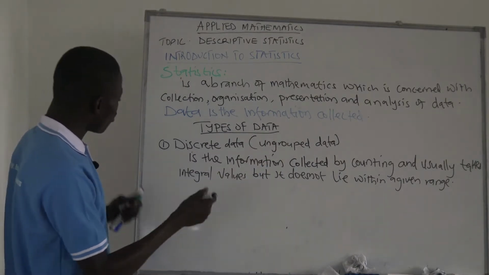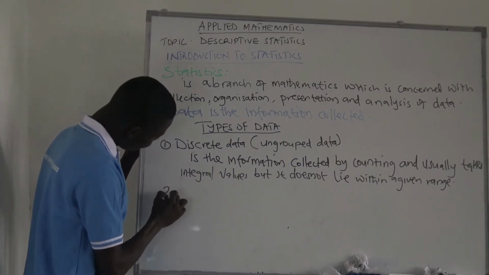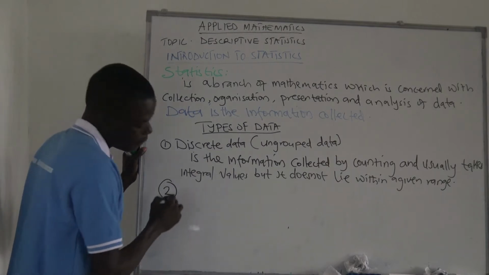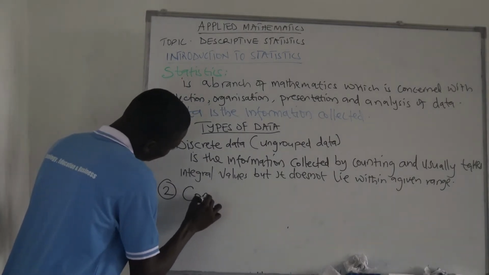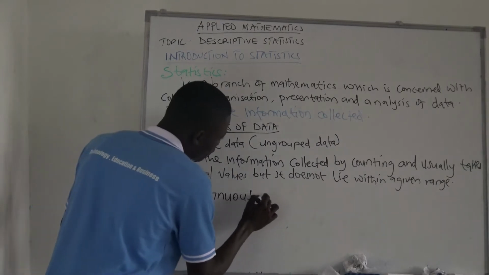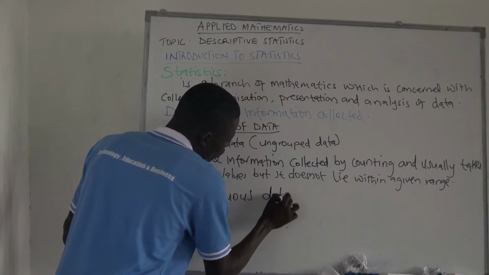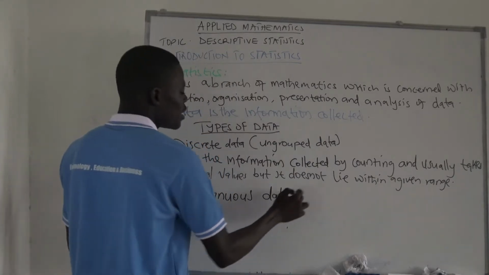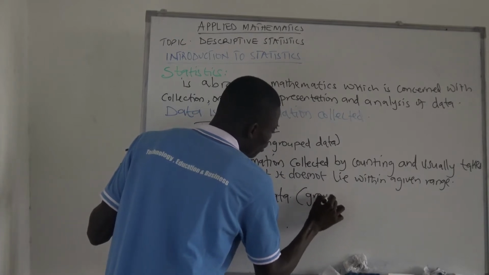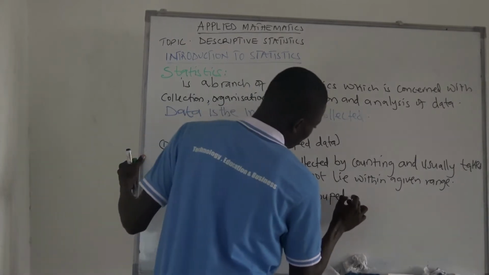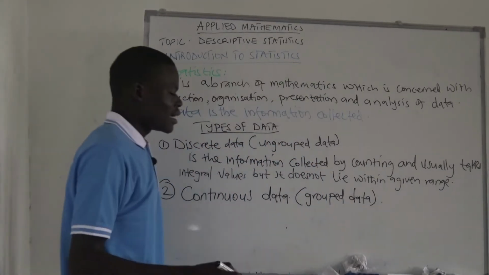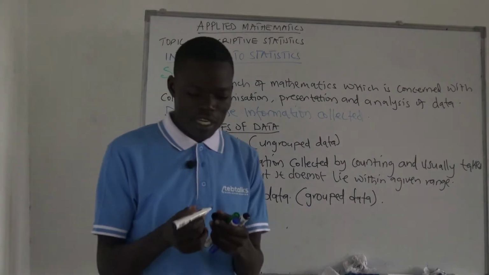So the second one is called continuous data. Sometimes we call it grouped data.